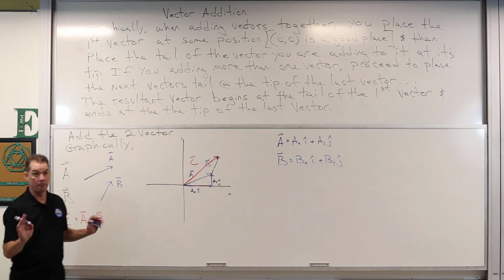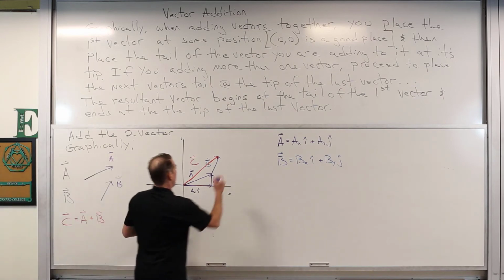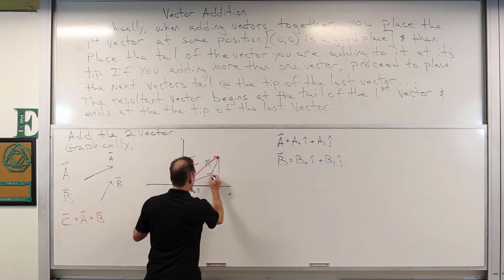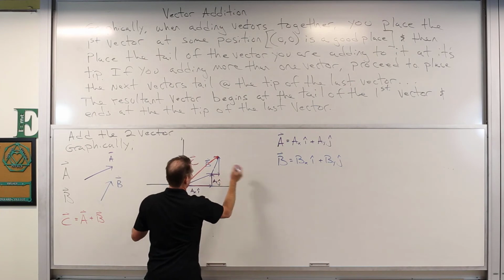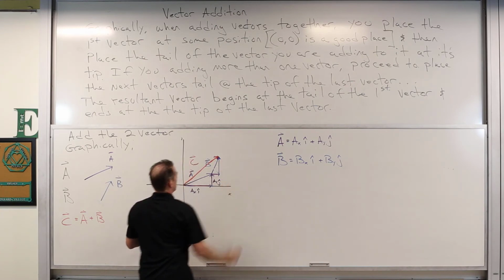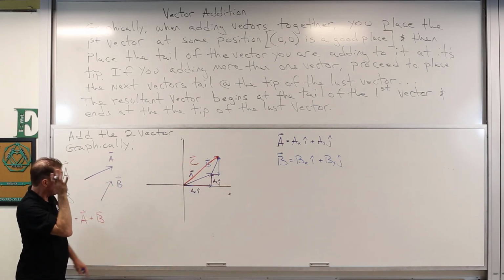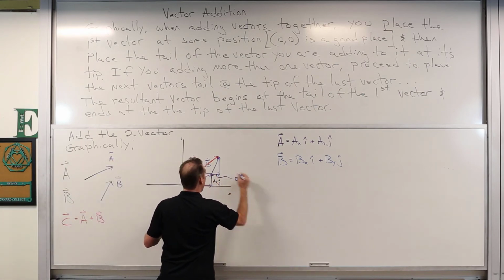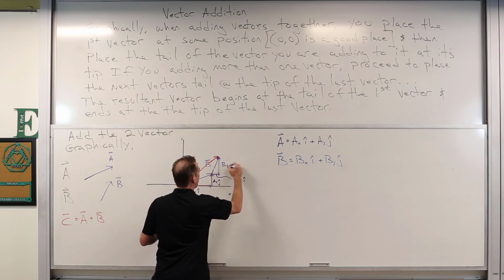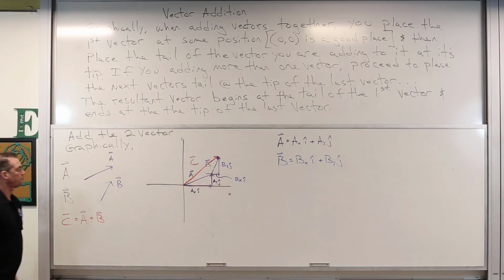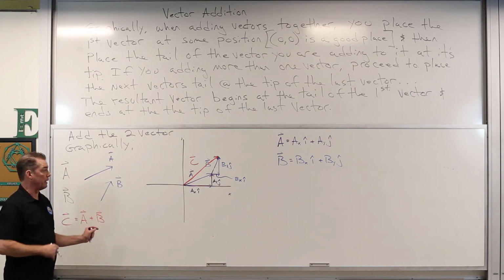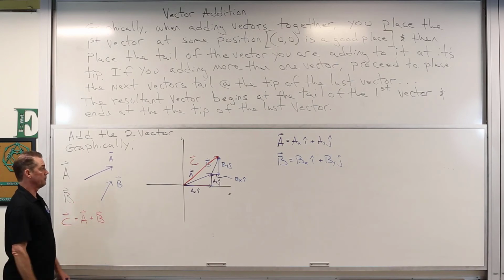Well, I can do the same thing for B. The projection translates downward like that. And this is some B sub x i hat, and this is B sub y j hat. So there are those two individual vectors broken down into their x component and y component.